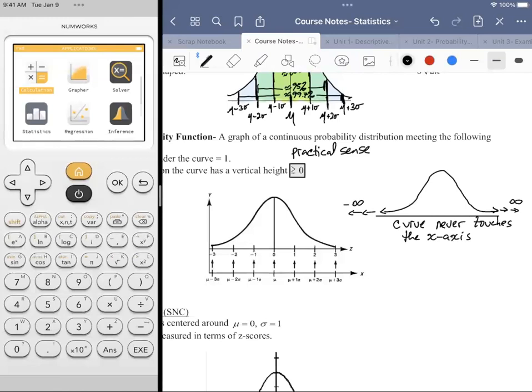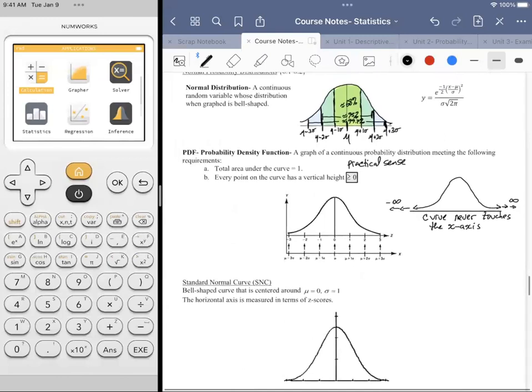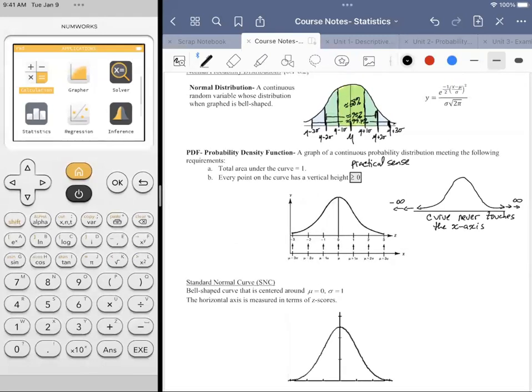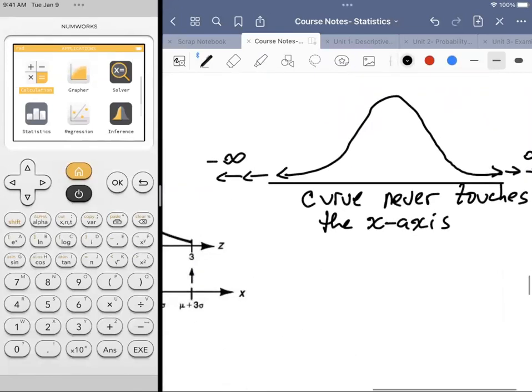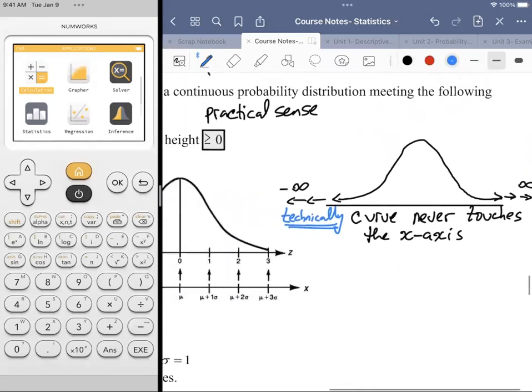It's not exactly zero, but in the real world, it doesn't have to be exact. We round all the time. All right. So there's the purely mathematical interpretation, and then there's the practical, right? So I would even qualify this by saying technically.